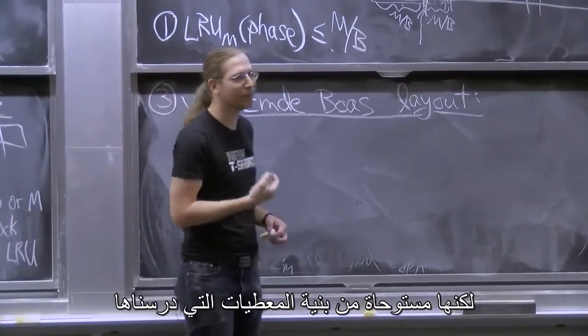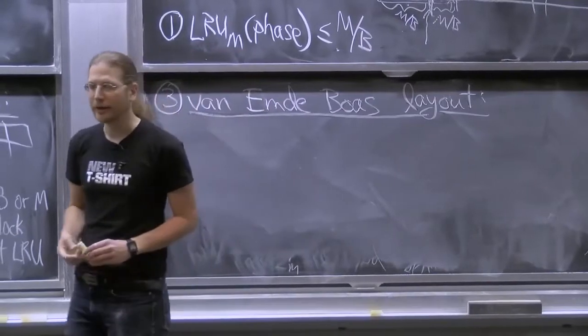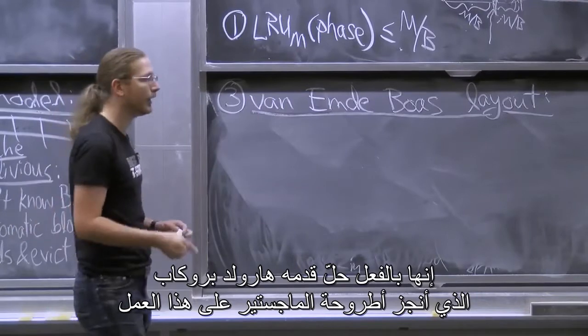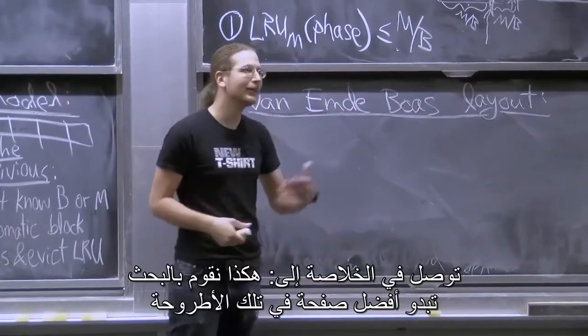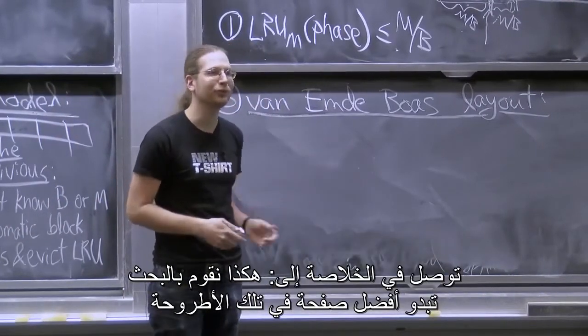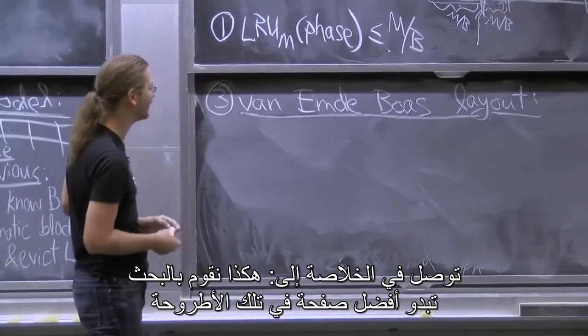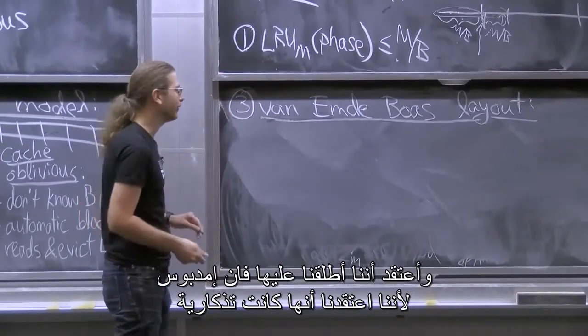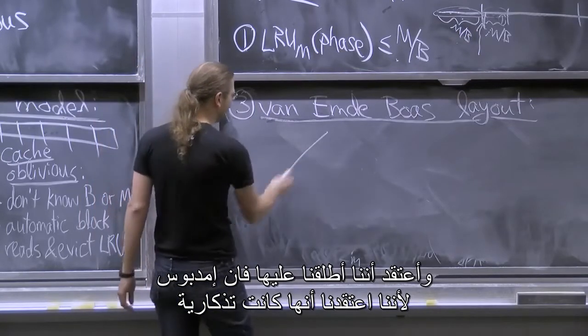But it's inspired by the data structure that we covered. And it's actually a solution by Harald Prokop, who did the Master's thesis on this work. It's like, in the conclusion, it's like, oh, by the way, here's how you do search. It's like the best page of that thesis. And then I think we called it van Emde Boas because we thought it was reminiscent.